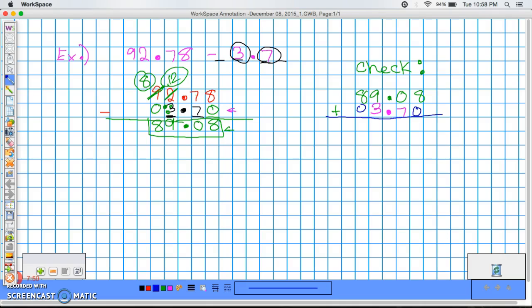And let's see if we did this correct. 8 plus 0 is 8. 0 plus 7, 7. 9, 10, 11, 12. 8 plus 1, that's 9. So there's my answer to check my work, 92 and 78 hundredths. Does it match here? Yes, it does. So I did my subtraction correctly. This is my real answer. And that's all there is to it.